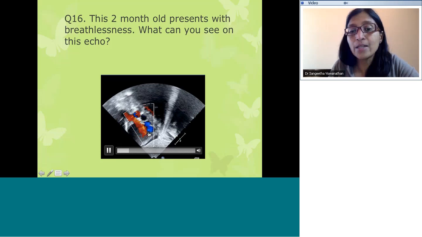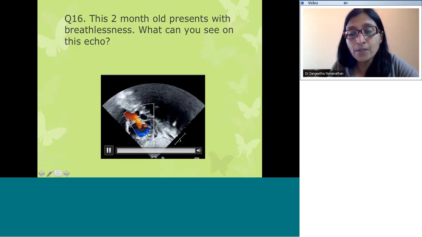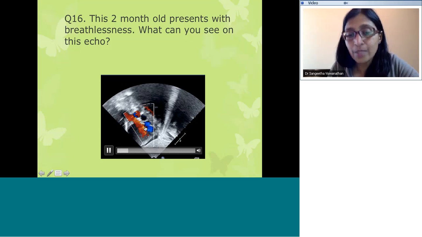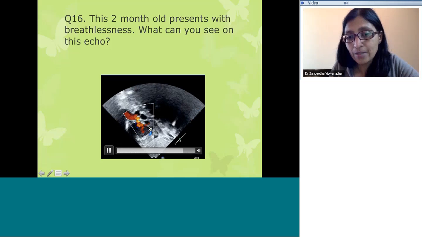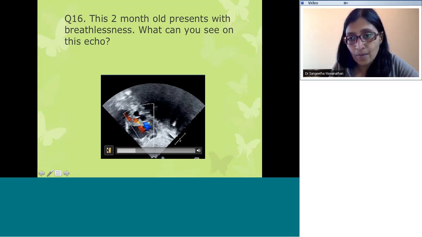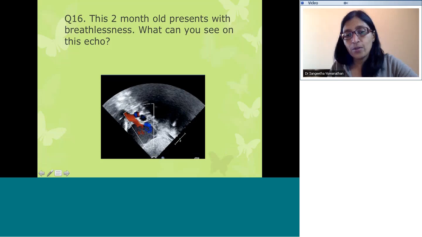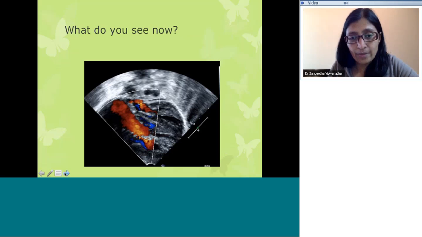Usually this alerts you to the possibility of what? TAPVC. Then you look at the atrial septum. What do you see here? This is the area of the atrial septum. There is right to left shunt. So you're strongly thinking of a TAPVC here.